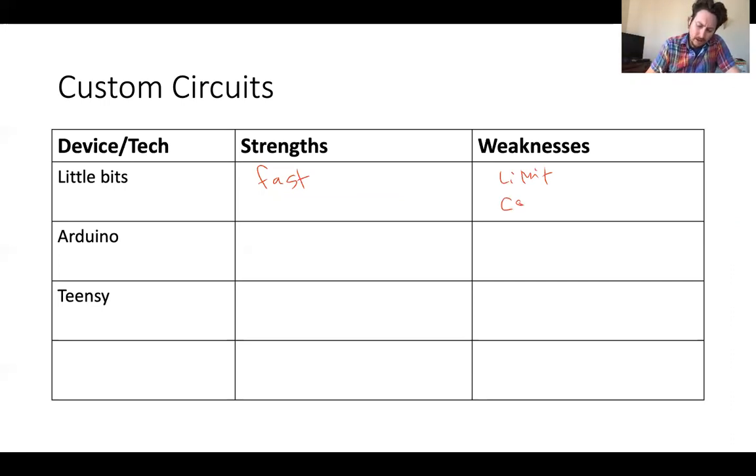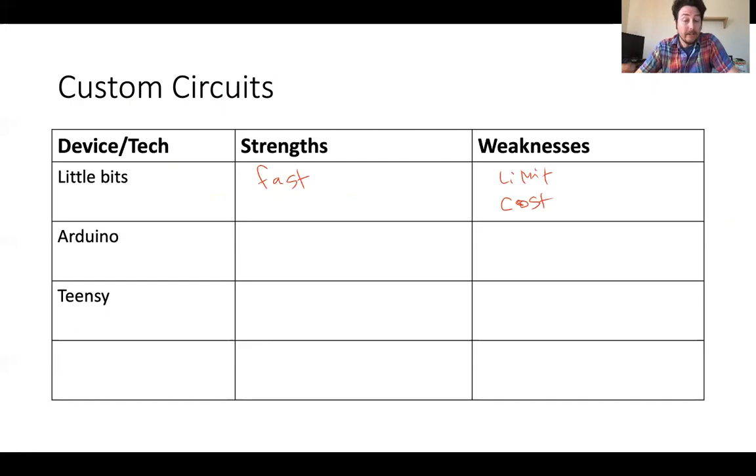There is a cost factor with Little Bits: the individual components are $1 or $2 a piece. To build yourself a pretty substantial controller, you're now looking at the cost of another controller.